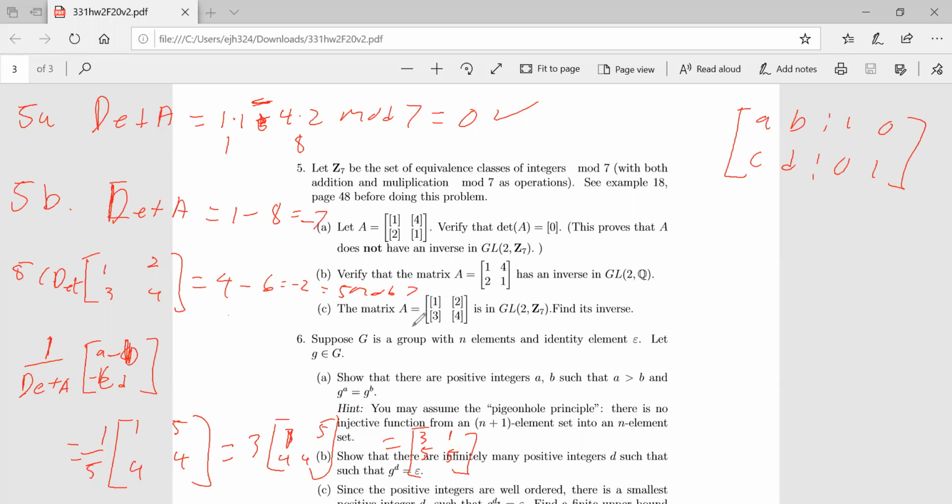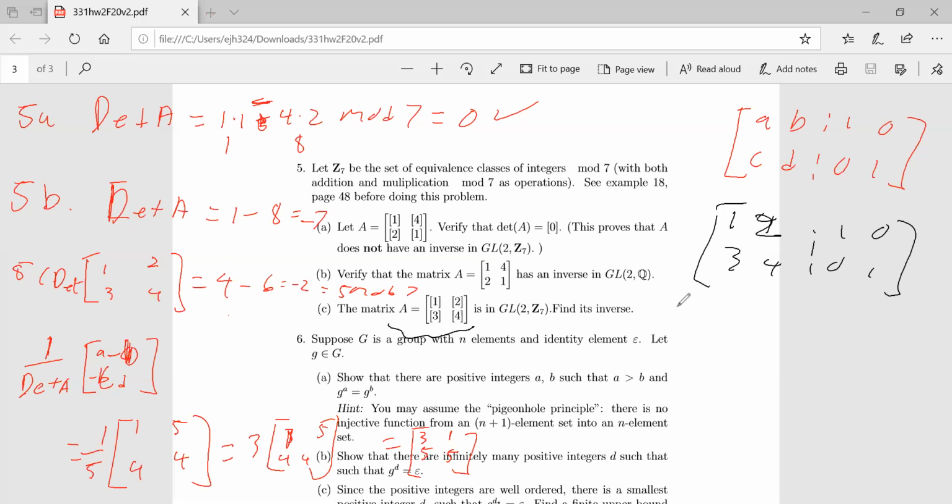And I strongly encourage you guys to multiply this matrix times this matrix to check that you actually get the identity matrix. But let's see what we would get if we did the row reduction method. So we would have 1, 2, 3, 4 next to 1, 0, 0, 1. What am I going to do?